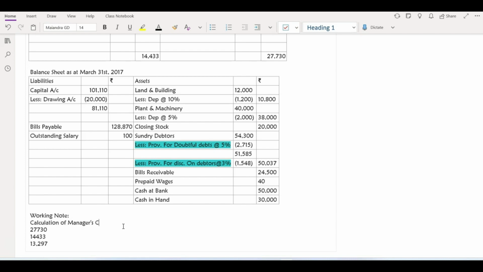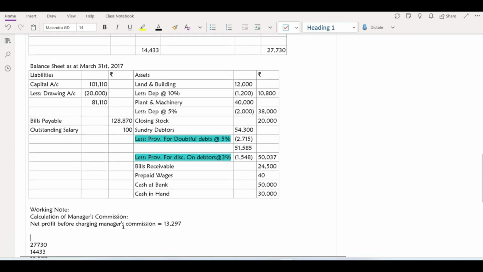Calculation of manager's commission. Net profit before charging manager's commission is equal to, which we have calculated, 13,297. So we can write it like this directly.